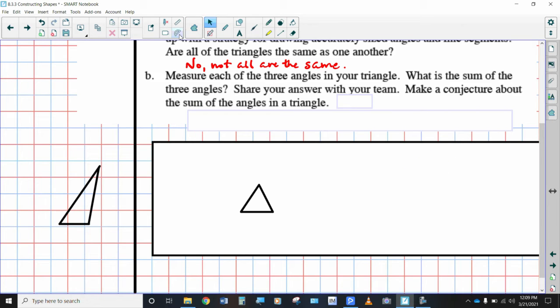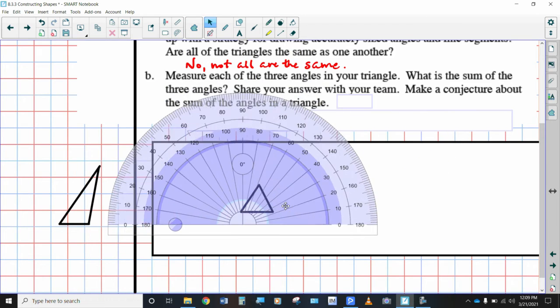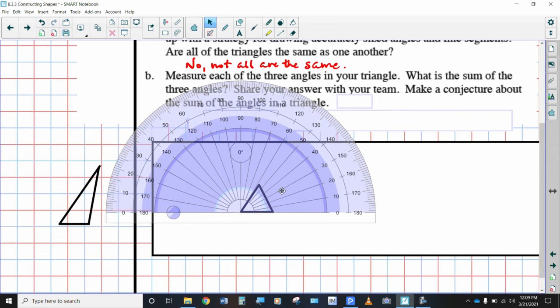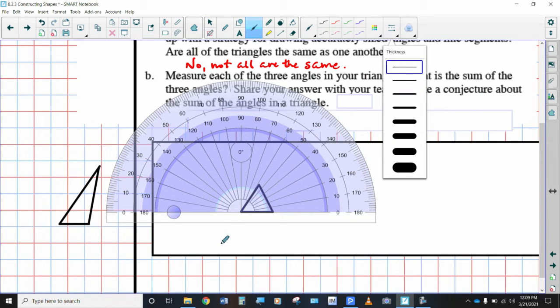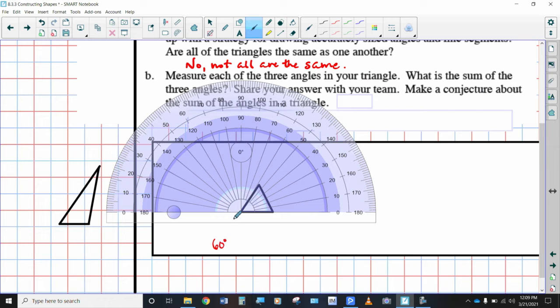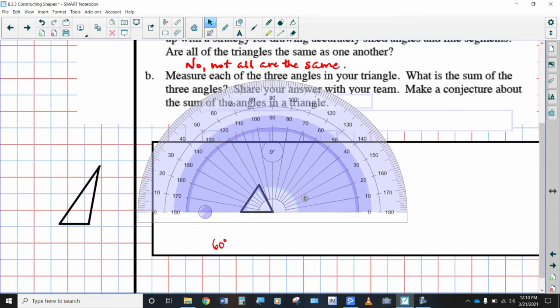All right, so protractor. Let us take a look at this angle right here. This one appears to be about, well, we knew that one was 60, right? So we know one of them is 60 degrees. I'm going to write this like this: 60 degrees for one of them. And then let's see what this measures. This one appears to be about 61 or 62 degrees.